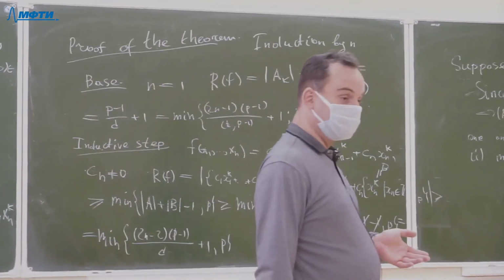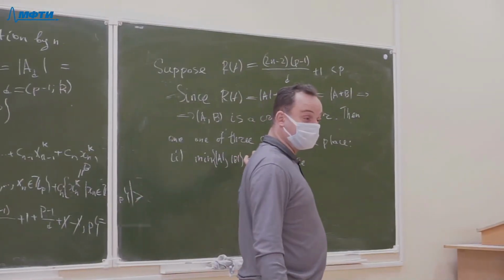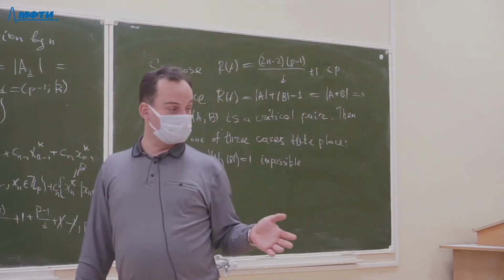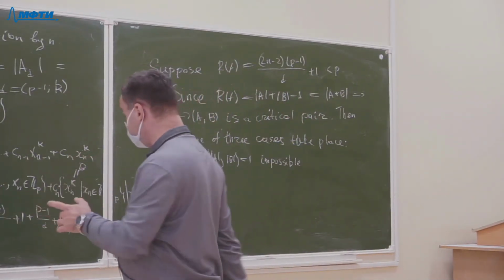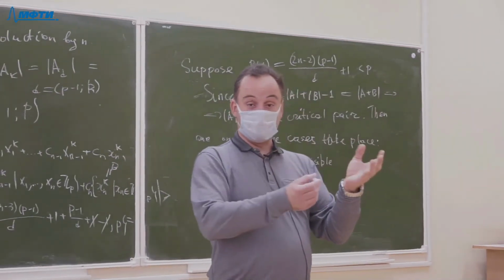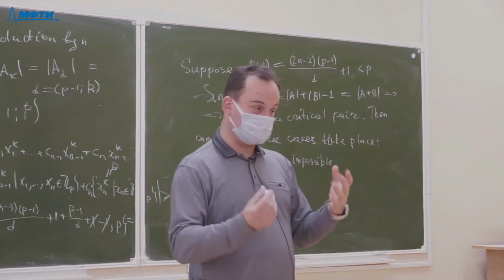Look, B is at least a 3-element set, right? A is also at least a 3-element set because it's a set of sets, and each of these sets is also at least a 3-element set.